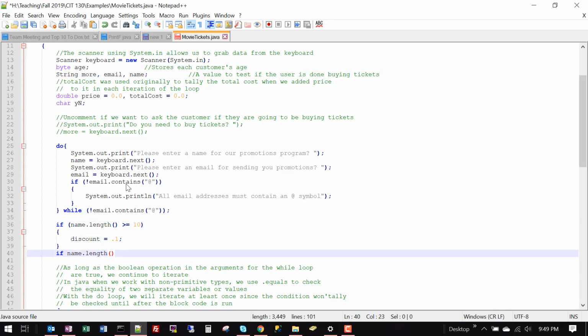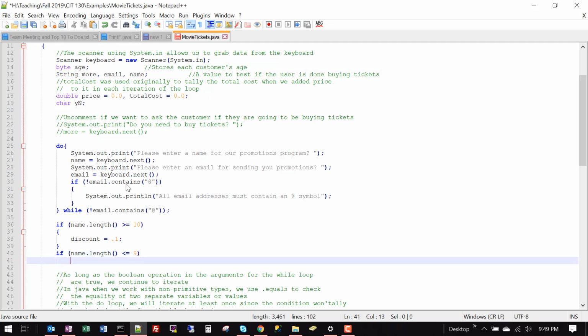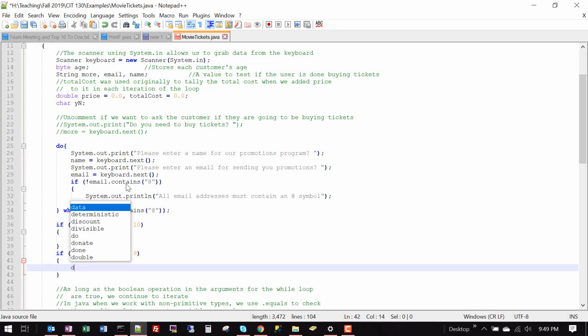If name.length is less than or equal to 9, then discount equals 12%. People with really short names get a discount.